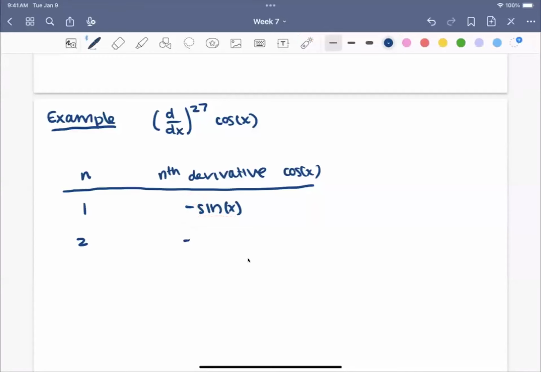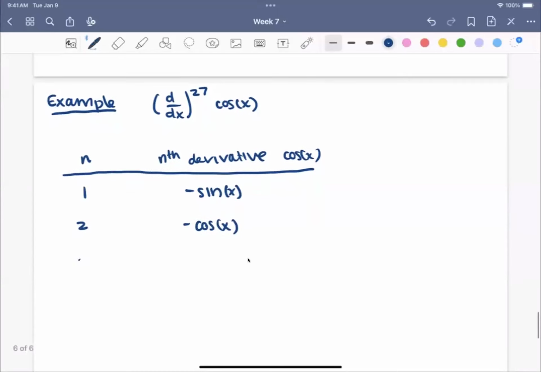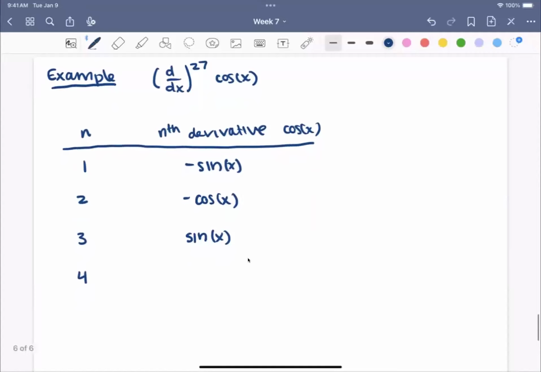So we get minus cosine x. For 3, now we're taking the derivative of minus cosine x. The derivative of cosine x is minus sine x, times minus 1, so we just get sine x. For 4, the derivative of sine x is cosine x.